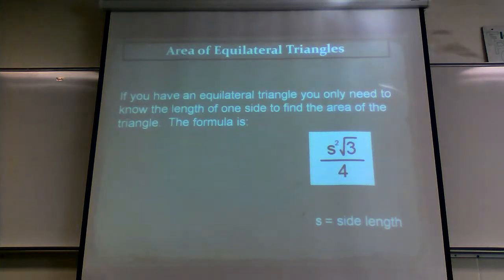So it's side squared times the square root of 3 over 4. If you know the side length for an equilateral triangle, you just plug it in there. Instead of doing 1/2 AP or trying to draw on a height you might not know, or doing 1/2 base times height, it's just less work than the previous formulas.